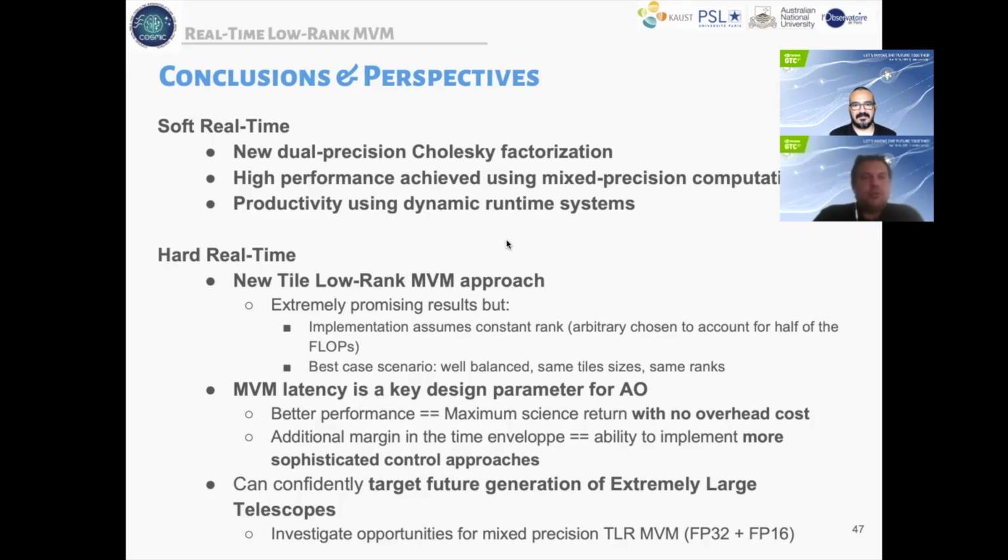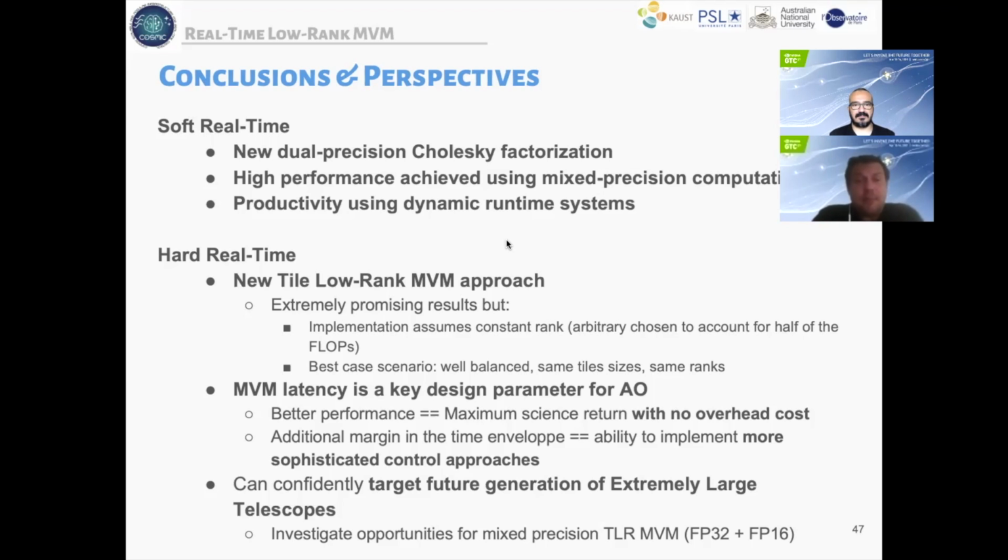We just showed the results on the soft real-time, and we achieved very interesting performance with this new dual precision Cholesky factorization, where there is a very high productivity using these dynamic runtime systems. Some additional performance optimization could probably be obtained with more static schedulers, but this is already well within the specs we have for our instruments.